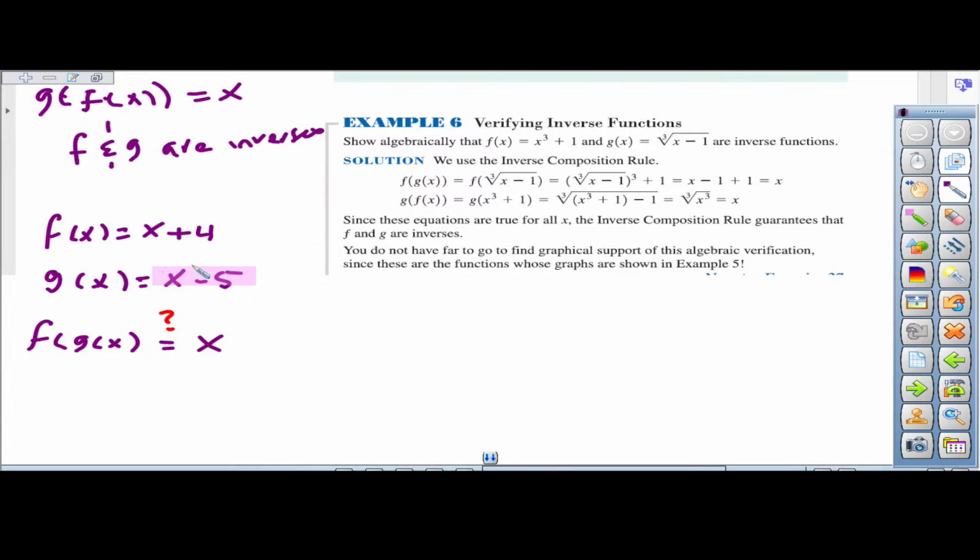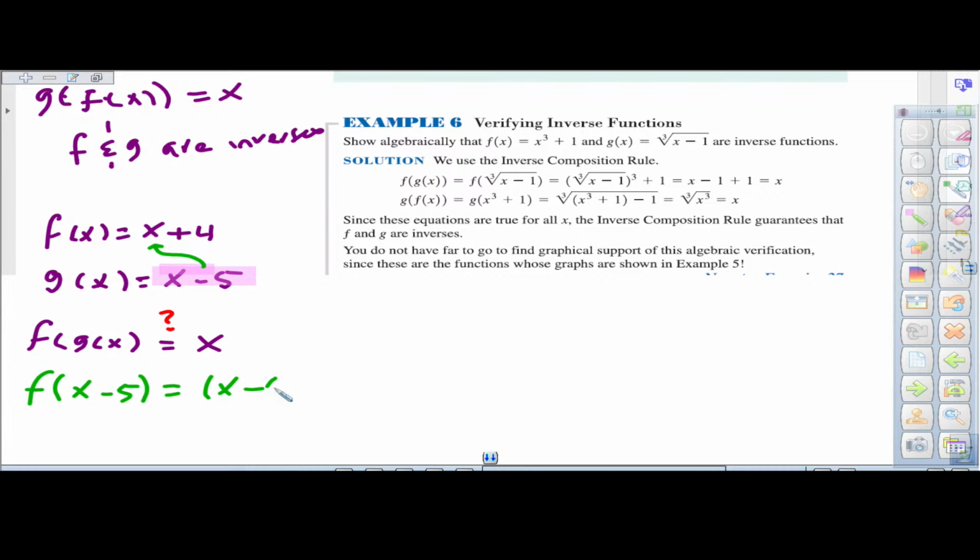So f of x minus 5 equals what? It's going to be x minus 5 plus the 4. How much is x minus 5 plus 4? How much is that, you guys?